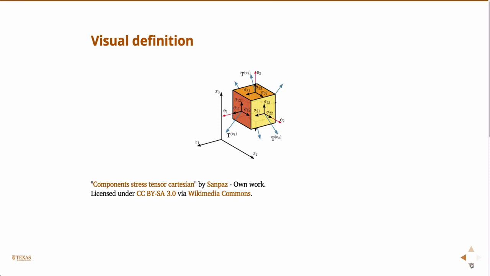Again, if you look at any face, then you have the three components. You'll notice that it's the same as the convention that I just defined. This is the E2 face, so the first number is 2 in all those cases. The first number defines the face. The second defines the direction, right?